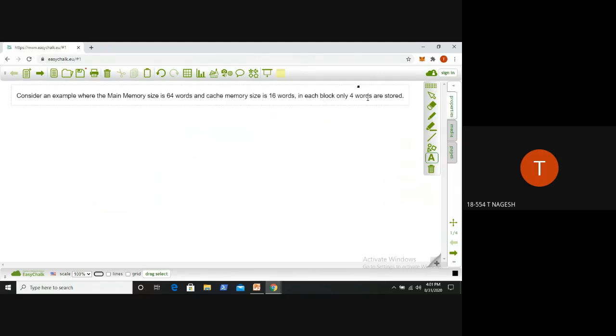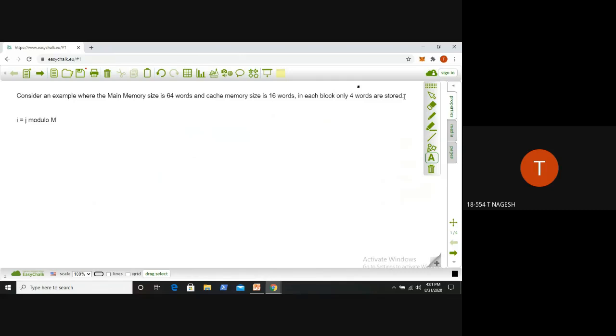So what we need to do is calculate the cache line in which a given block number will reside. For that we have a formula. Let me just give you that formula, right? The formula that you will use is i equals j modulo m.